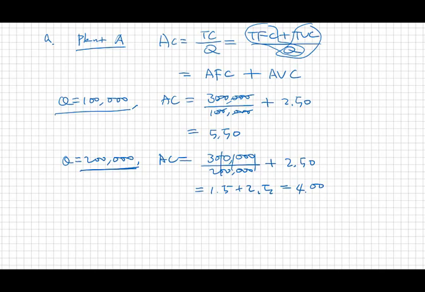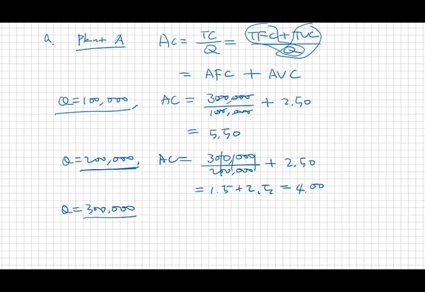What about Q equals 300,000? This exceeds the plant A capacity of 200,000. So that means you have to build another plant A, which also costs total fixed cost 300,000.